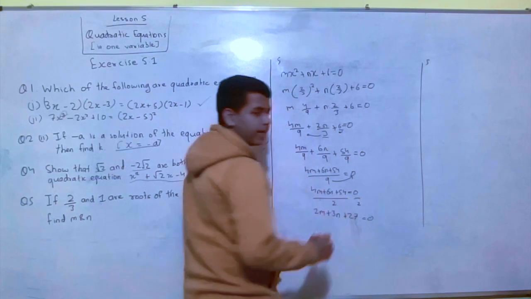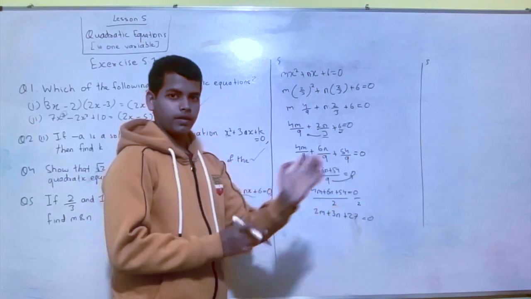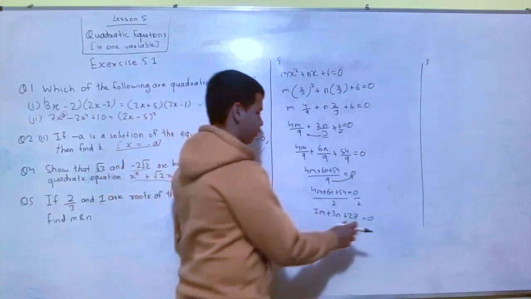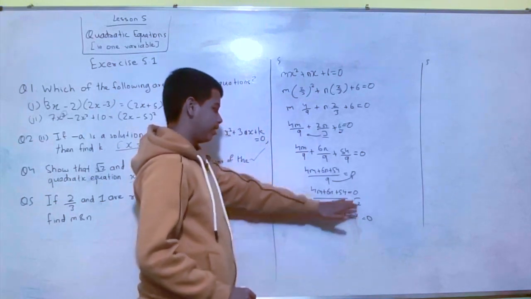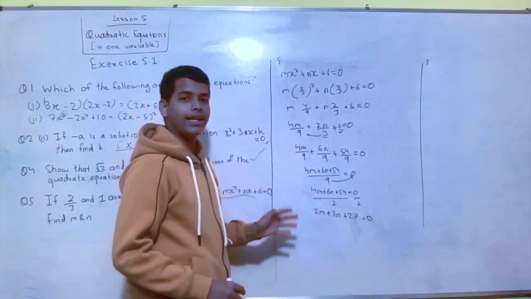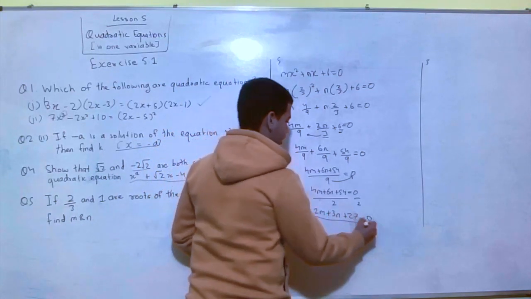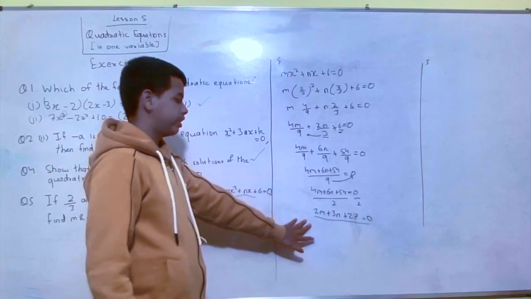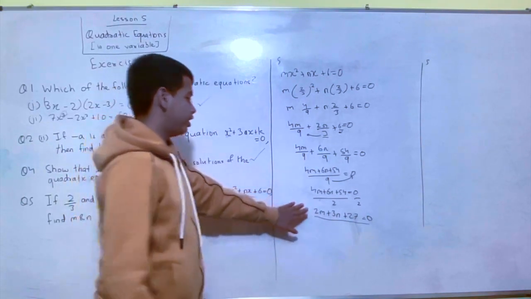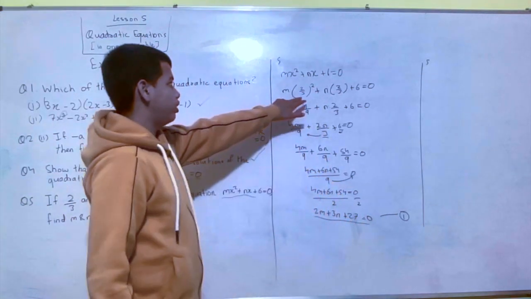We have to divide both sides by 2. When 0 gets divided by anything, we get 0 only. So here we have the equation 2m plus 3n plus 27 is equals to 0. So this is our first equation, and we got this equation by solving the solution 2 by 3.